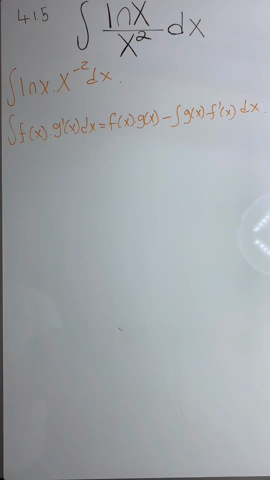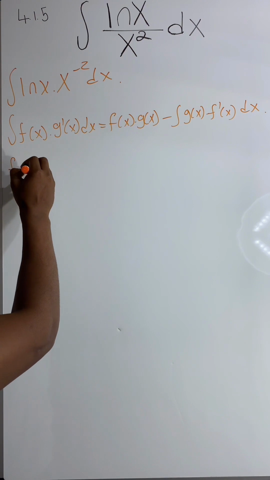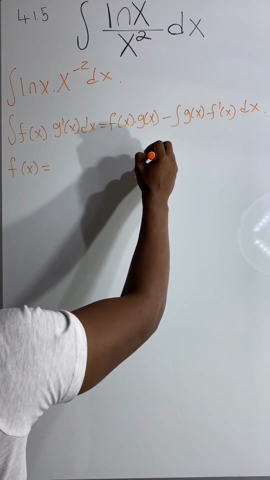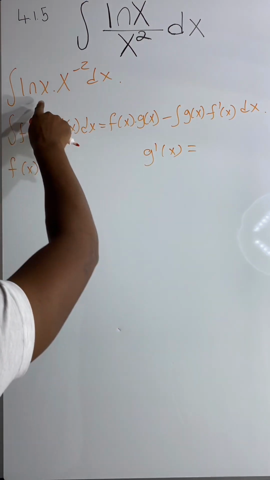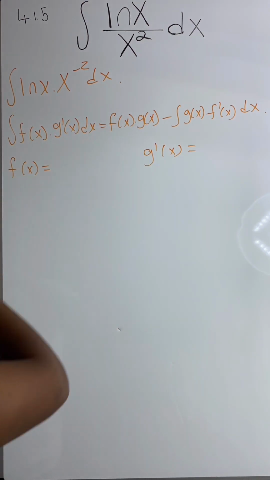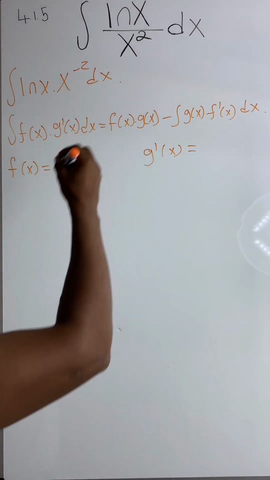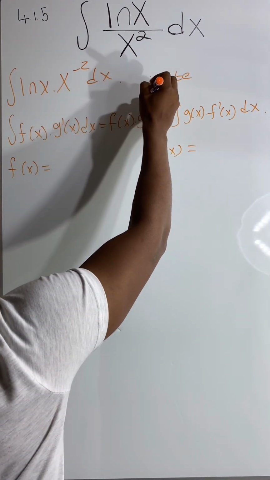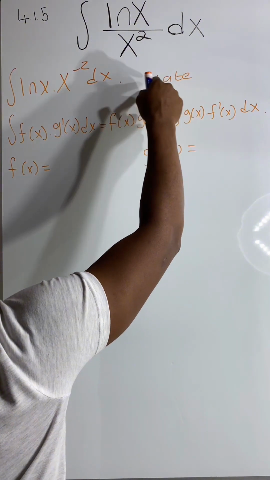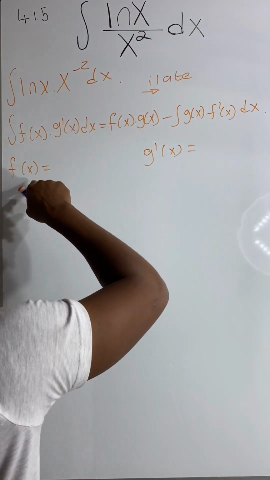dx. And the next step is for us to determine which is our f of x and which is our g prime of x between ln x and x to the power -2. And we use the ILATE rule, knowing that the first one that we come across going to the right on our ILATE rule becomes our f of x.